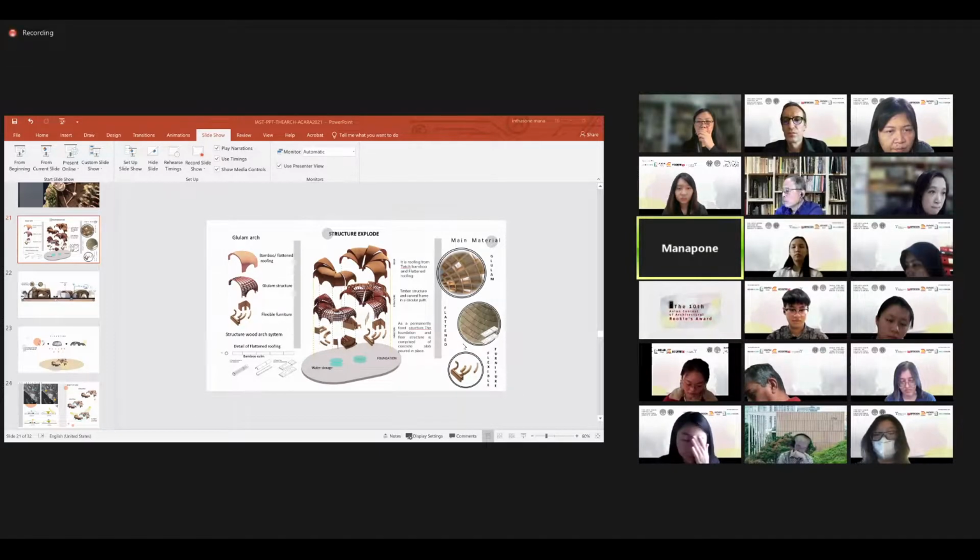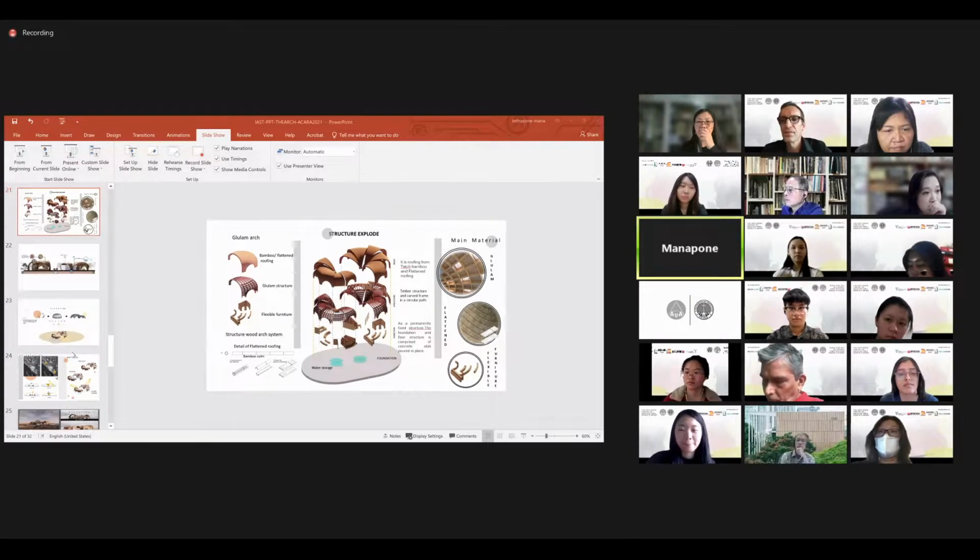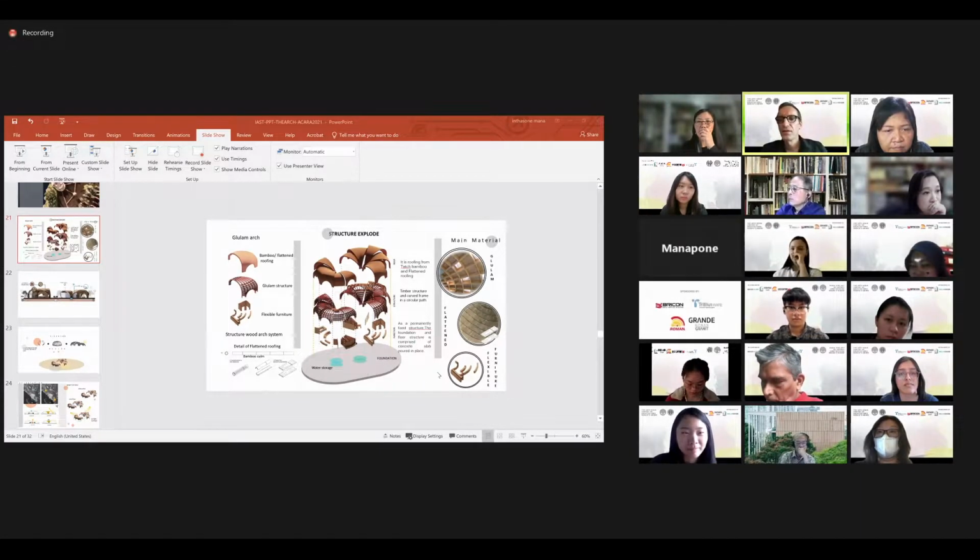The main material in the building is bamboo thatch with a pattern, in a curve, to cover the roof. And some flexible furniture.